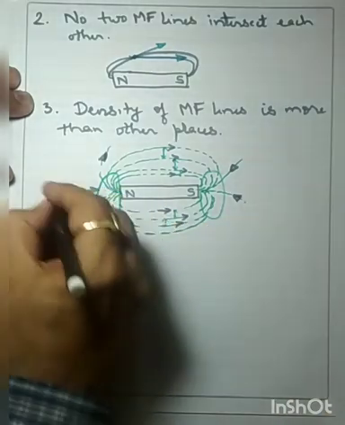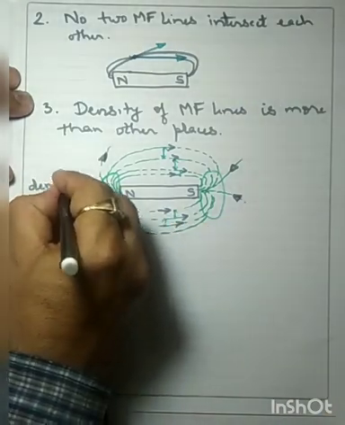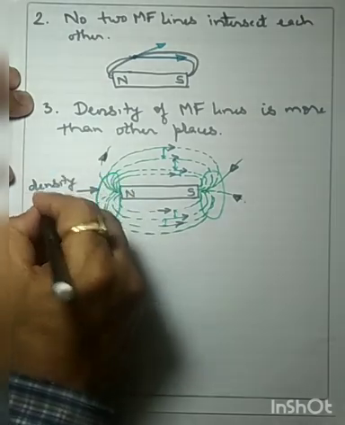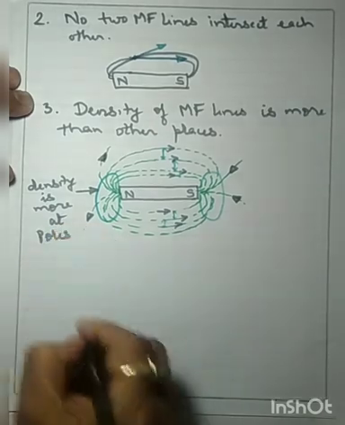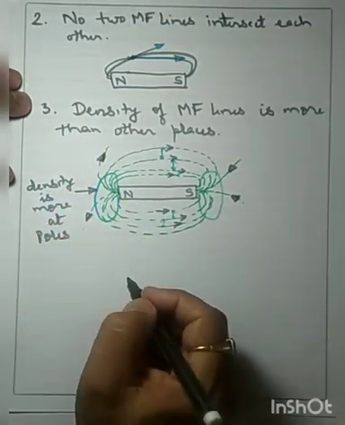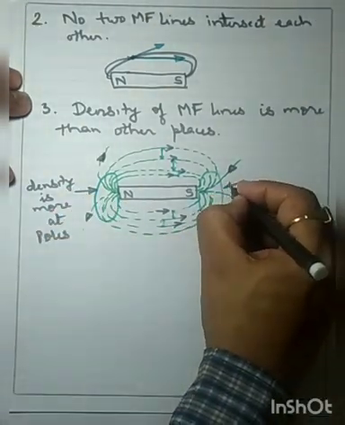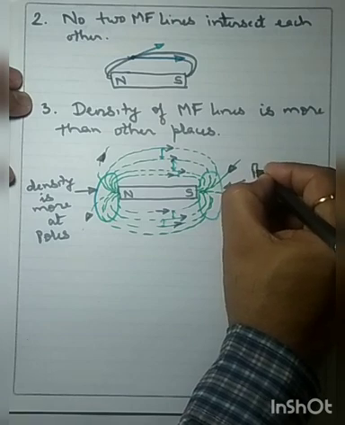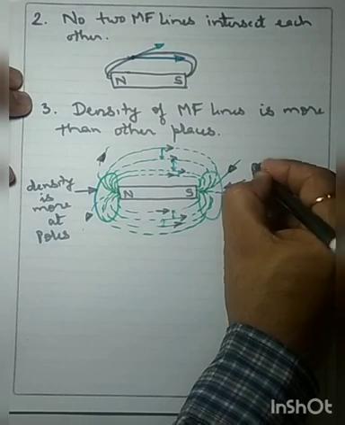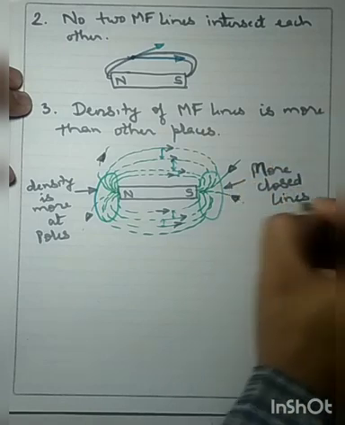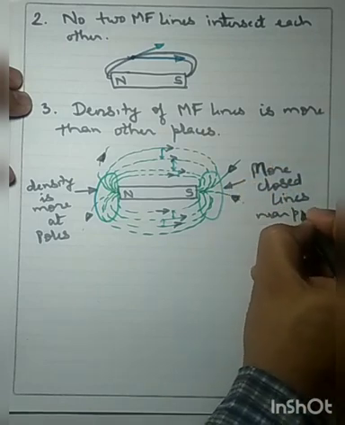The density is more at poles. What is the meaning of density? Density means more closed lines near poles.